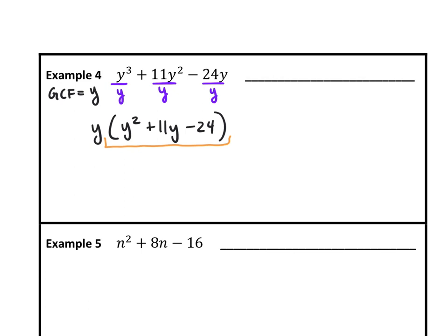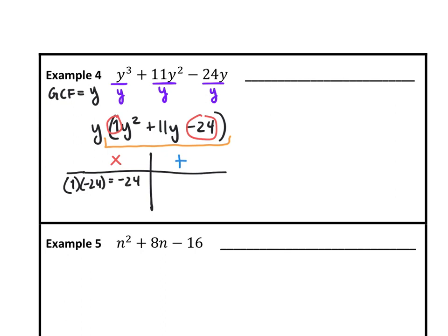And let me just change some colors here. But we're going to do the table method. And so we're going to multiply on the left and add on the right. And again, in front of y squared, if there's no number in front, we assume it's a 1. So we're going to check what's the first number times the last number. And so what is 1 times negative 24?